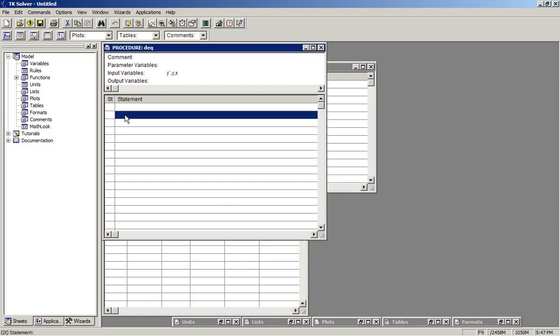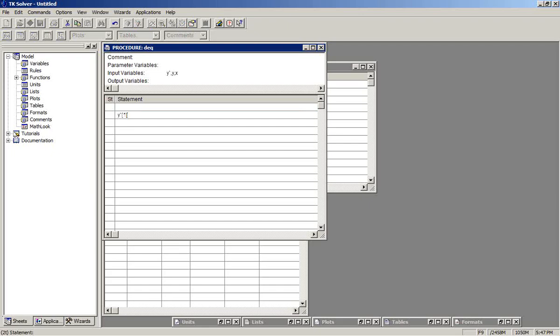Specify the differential equations. We must start with the derivative matrix on the left side, and then the equation that makes the differential equation on the right-hand side. So we say y prime 1.